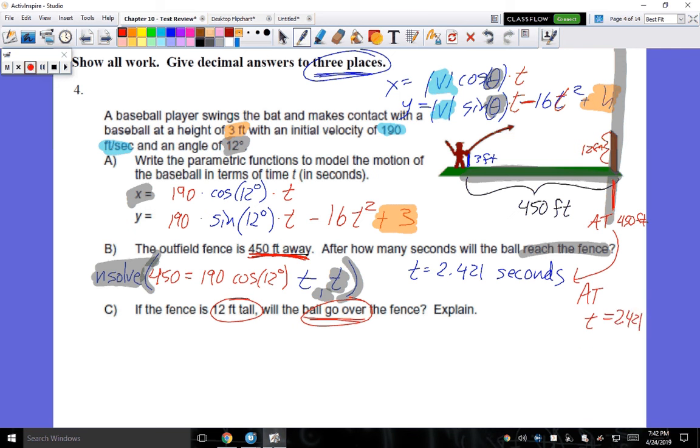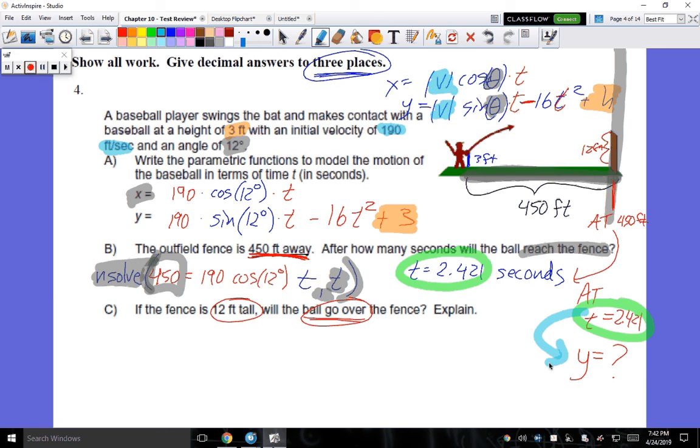We want to see how high the ball is. We know it took this many seconds to travel this 450 feet to reach the fence. Now I can use this t value in the y parametric function to see how high it will be at those 2.421 seconds.